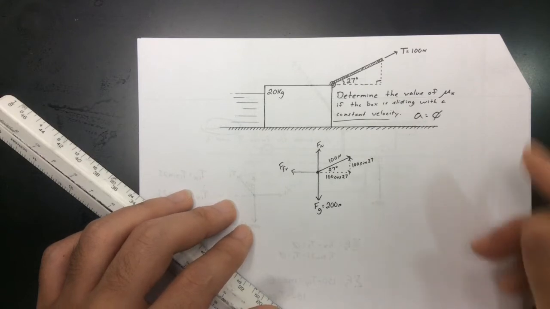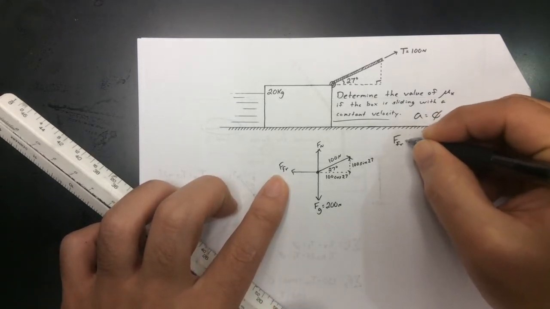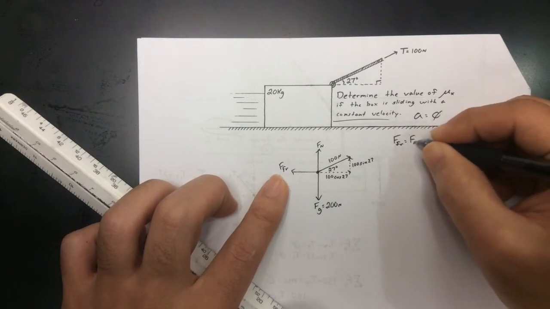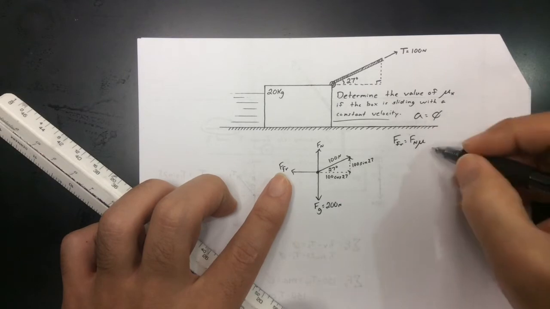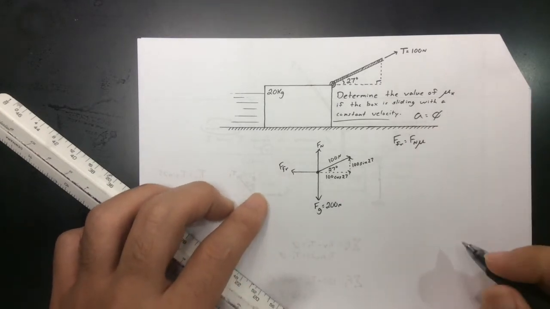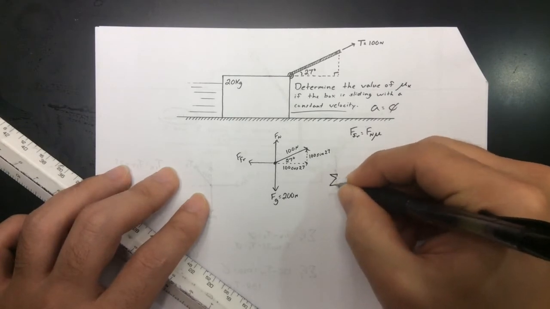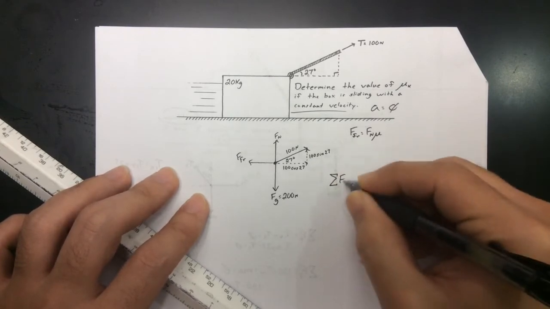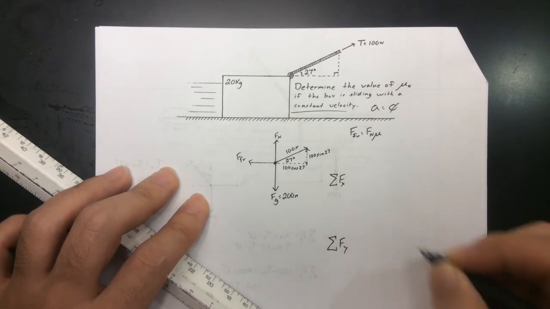One thing that I might want to write out in the beginning is that we have the force of friction. And I know that the equation for the force of friction is going to be normal force times my coefficient of friction mu. And that's actually what we're looking for, so that's good that we have that. And so we'll take it and we will talk about the sum of all forces in the x and the sum of all forces in the y.